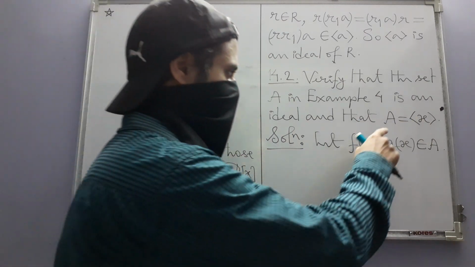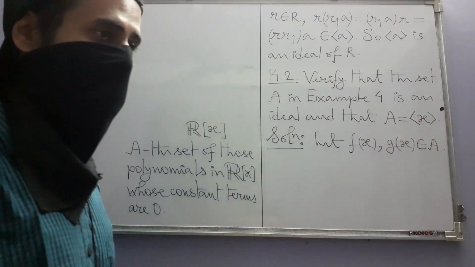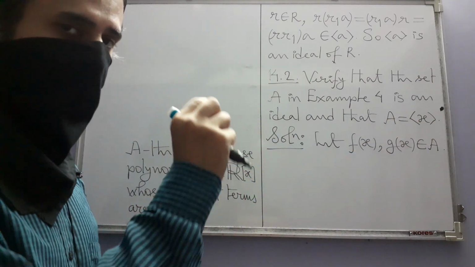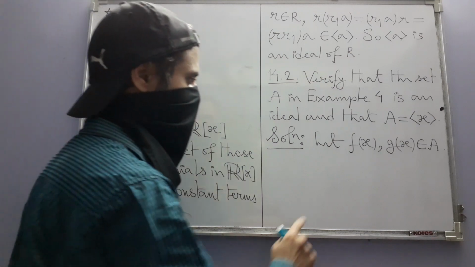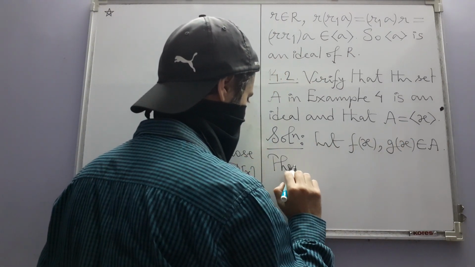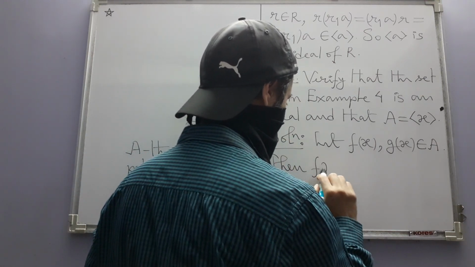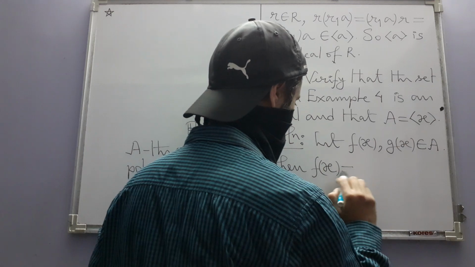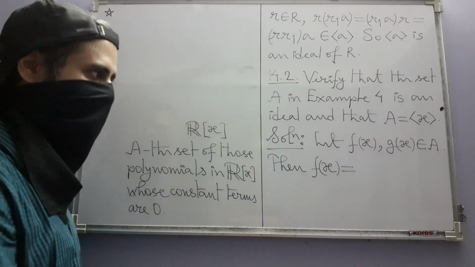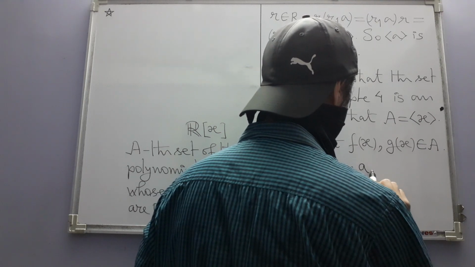It's called the principal, I mean this thing is called the principal ideal generated by that element X. Then f of x looks like this, since its constant term has to be 0, so it will look like this.